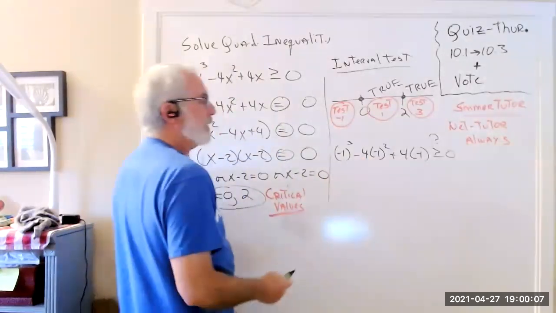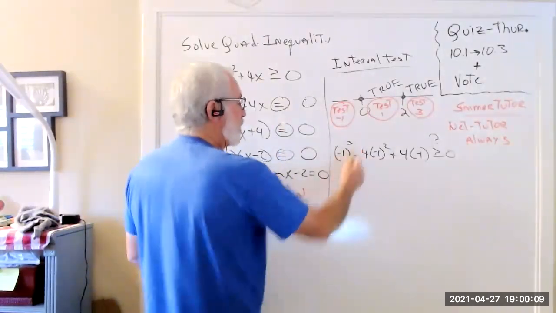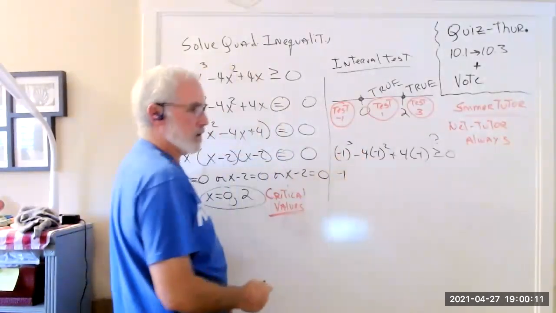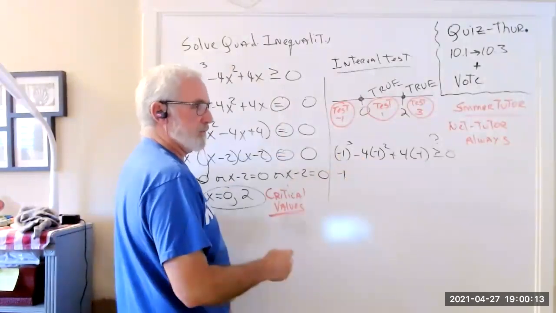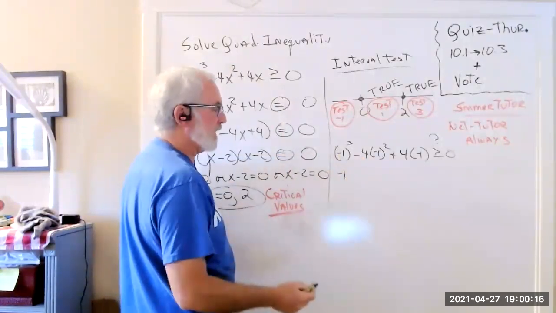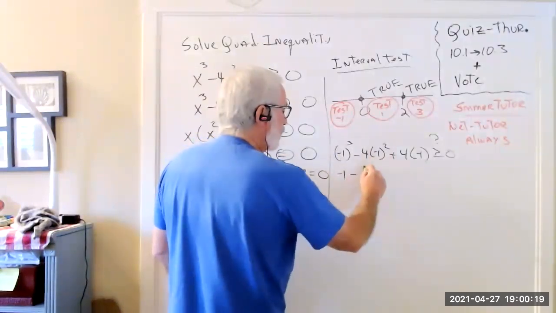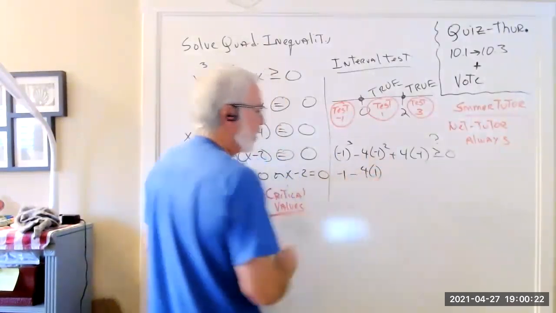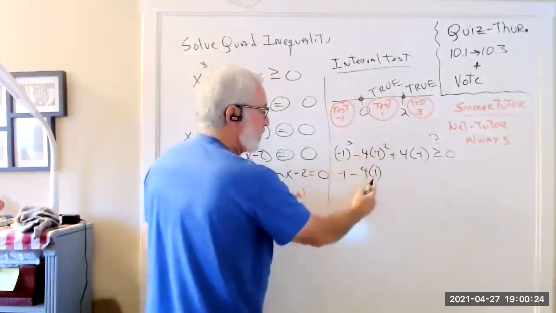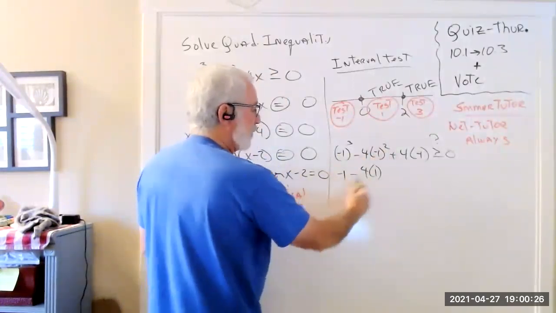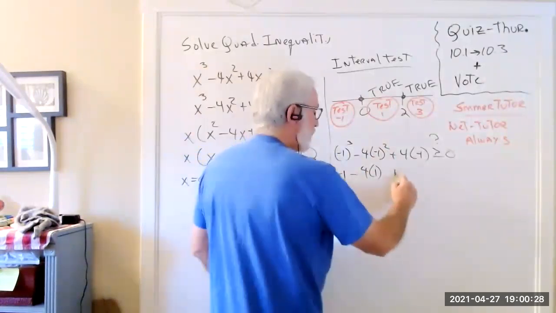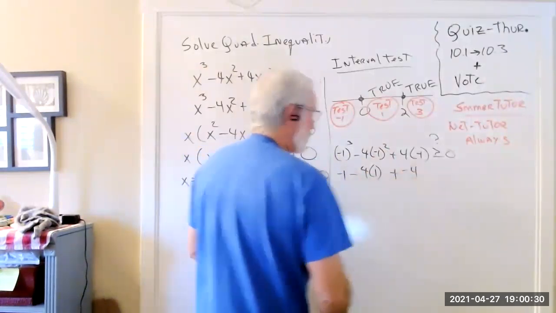Now, this is where we get into trouble. -1 cubed is -1. Your arithmetic with positive and negative numbers is screwing everybody up. This is minus 4 times regular 1. -1 squared is 1. So minus 4 times 1 plus -4.